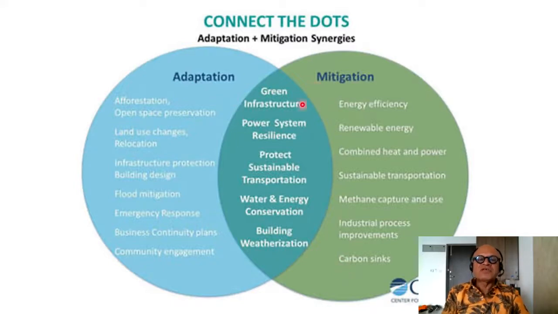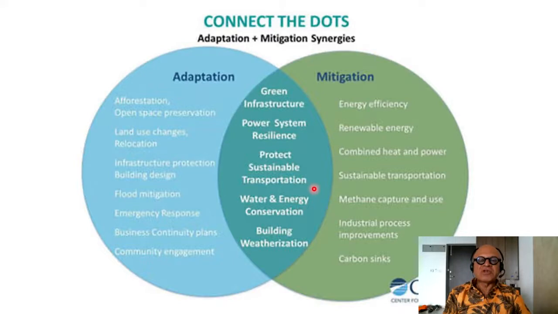And you have things which are good both as adaptation and mitigation, like green infrastructure, which reduces energy use and increases energy efficiency, and is also protection against extreme events and disasters. Building codes for dealing with droughts, floods, heat waves, hurricanes, etc. Power system resilience, including new grids.